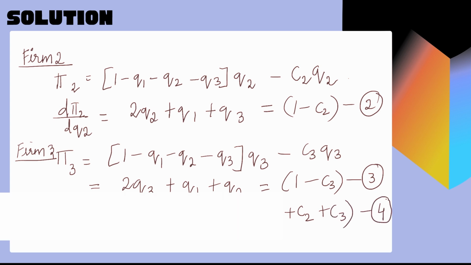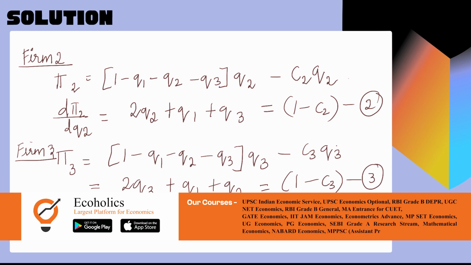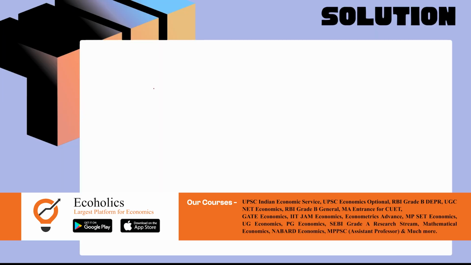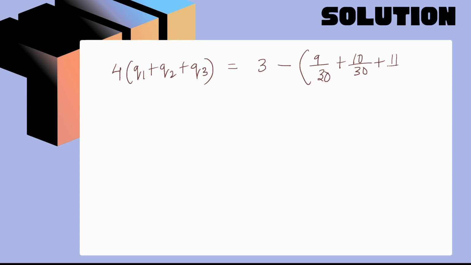Now substituting C1, C2, C3 from the question, taking 4 common on the left hand side, Q1 plus Q2 plus Q3 is equal to 3 minus 9 by 30 plus 10 by 30 plus 11 by 30. That is 30 by 30, which is nothing but 1.